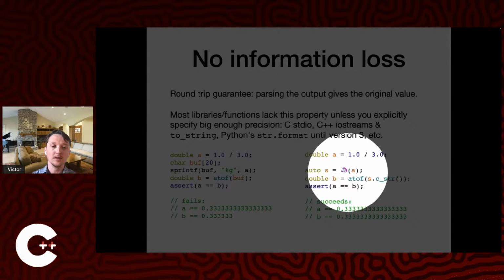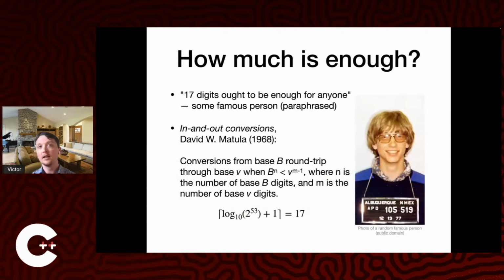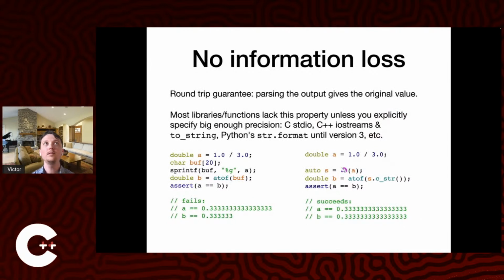When you format a number with it and then parse it back, you want to get the same result. We don't get it with printf by default, which is unfortunate. And not just printf, many libraries and functions lack this property, unless you explicitly specify big enough precision. Examples include std::ostream, C++ iostream, toString, Python str format until version 3, and many other examples of this lack of round trip.